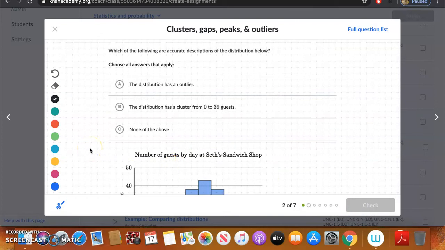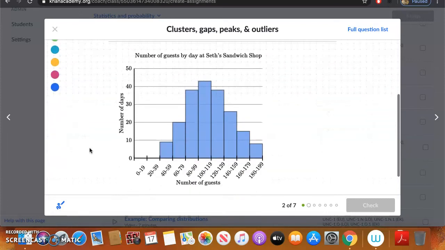Which of the following are accurate descriptions of the distribution below? So let's take a look. Okay, so this distribution, as you can see, is the number of guests by day at Seth's Sandwich Shop. Even though we have a gap here from 0 to 39, starting from 40 all the way up to 199, doesn't that look like a pretty nice, symmetric distribution, correct?